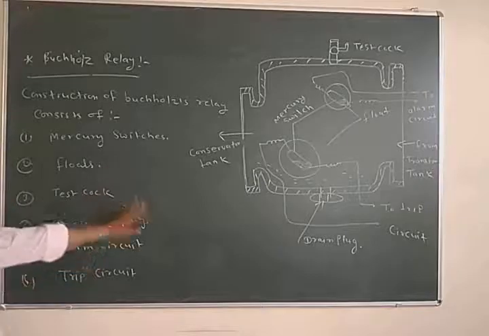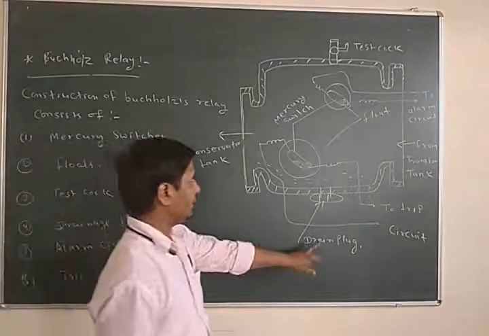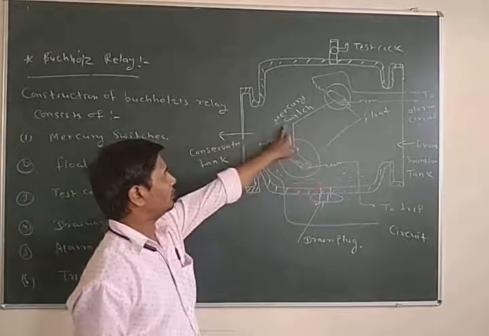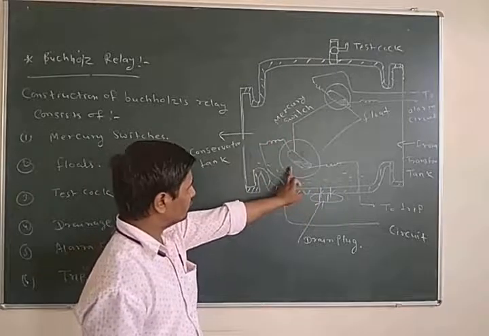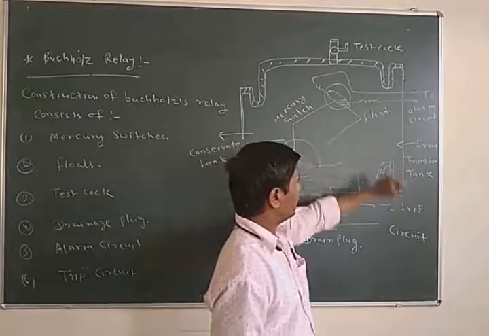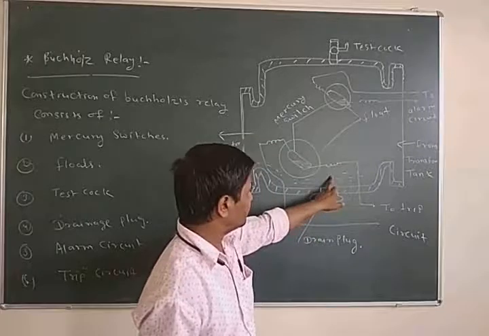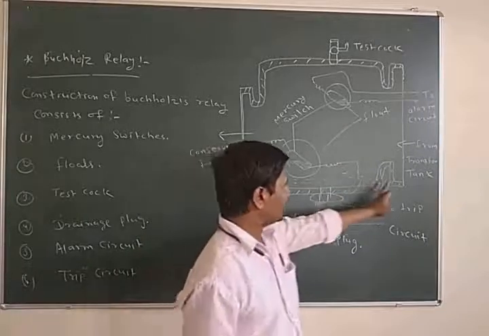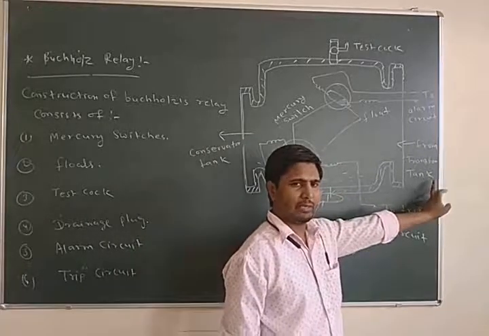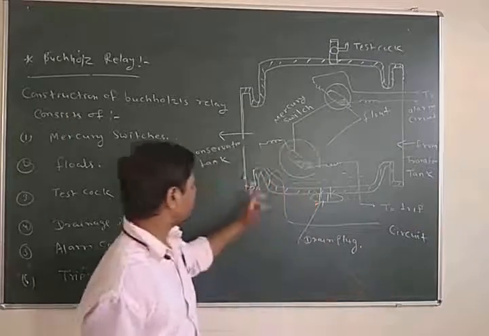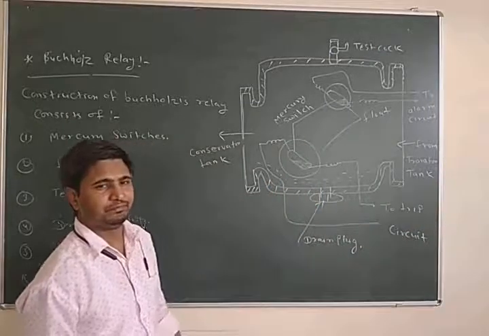These are the parts of this relay: drainage plug, test probe, mercury switch, two floats, and a coil also fitted in this relay. One side of the relay is connected to the main tank, and the other side of this relay is connected to the conservator tank.